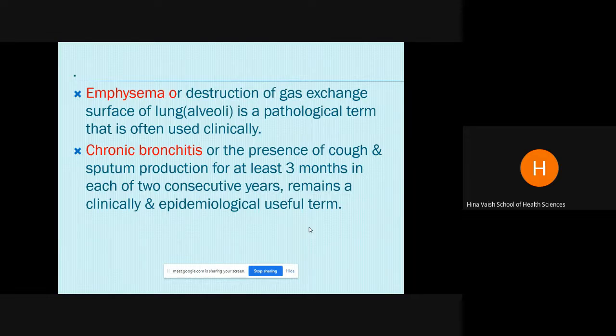So the region in the alveoli where gas exchange is taking place, the destruction of that region is termed clinically as emphysema. Whereas chronic bronchitis is clinically defined as the presence of cough and sputum production for at least 3 months, and this should be happening for 2 consecutive years. It remains one of the most clinically and epidemiologically defined terms.